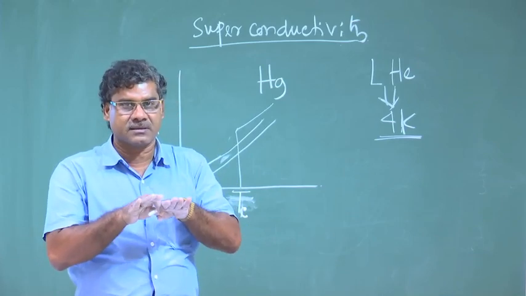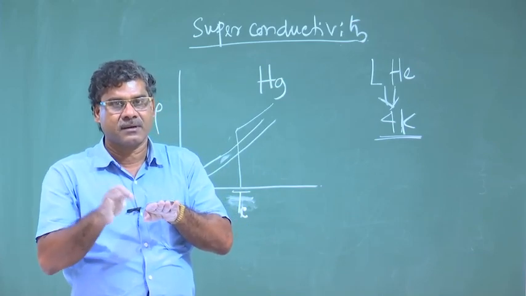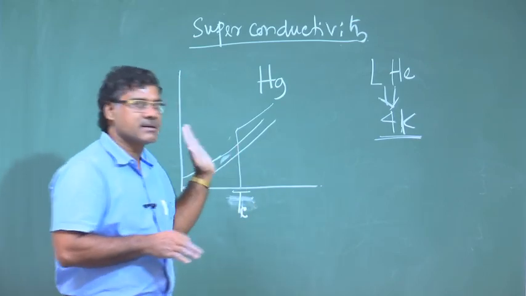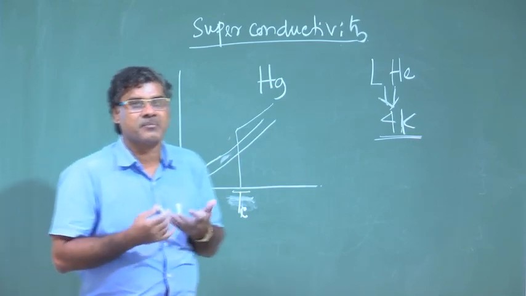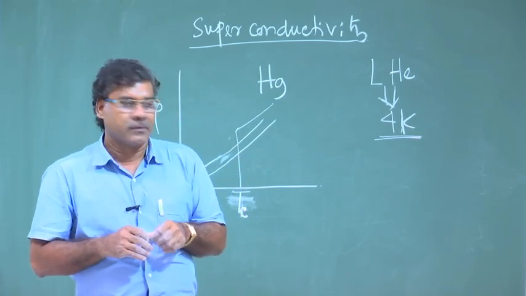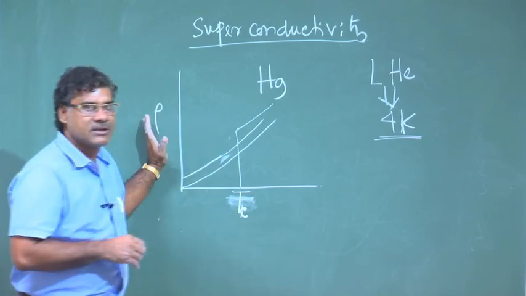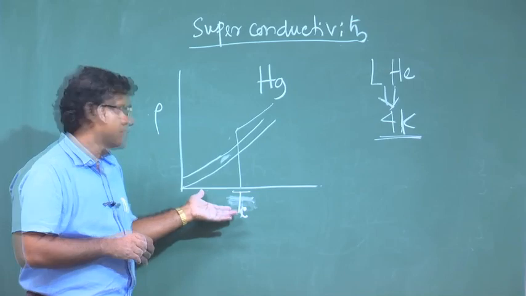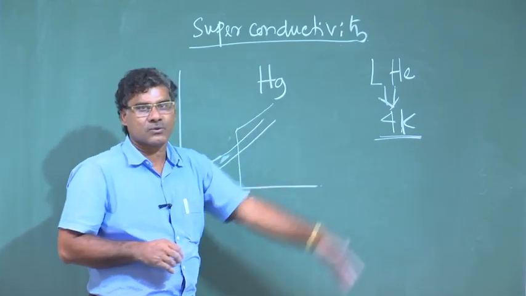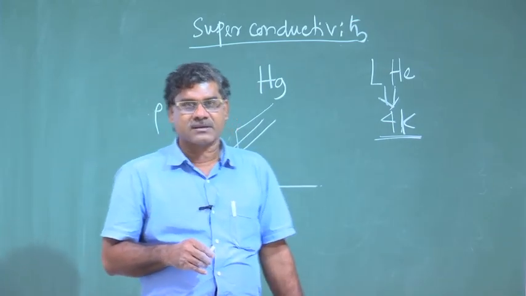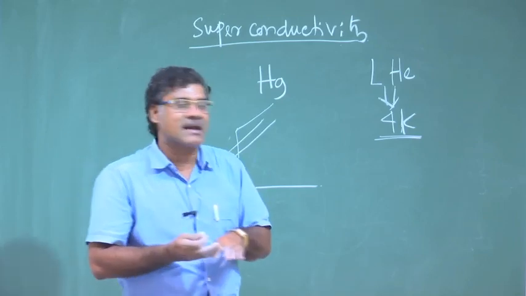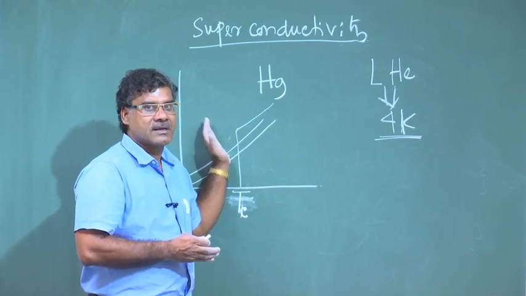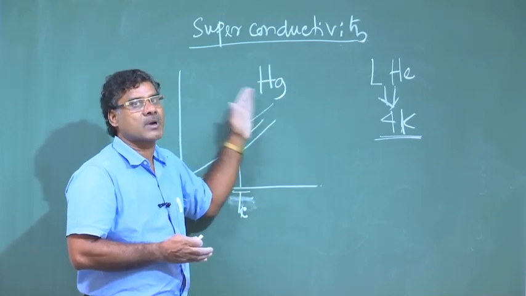So, we call them the normal state and the superconducting state. Below this temperature, this new state of metal where resistance is 0 is the superconducting state, and above this temperature it goes to the normal state. So, there is a phase transition at this temperature from the superconducting state to the normal state or normal state to the superconducting state.